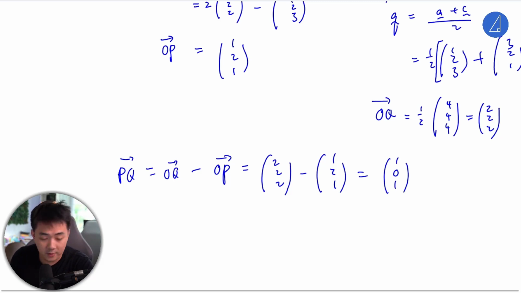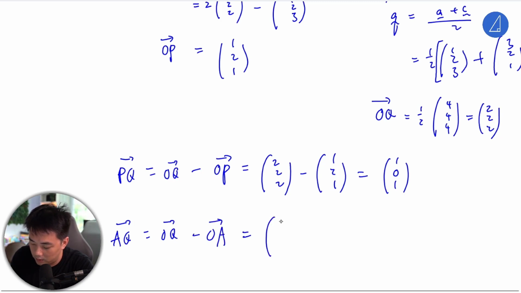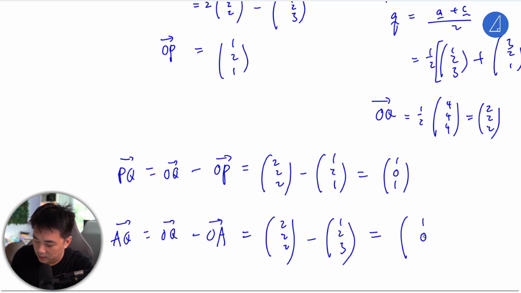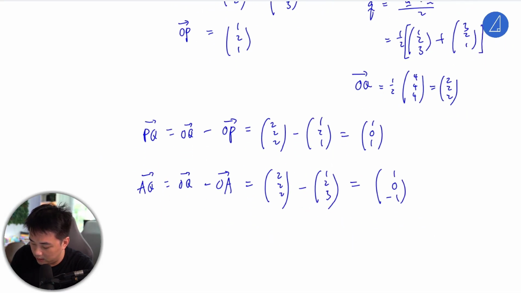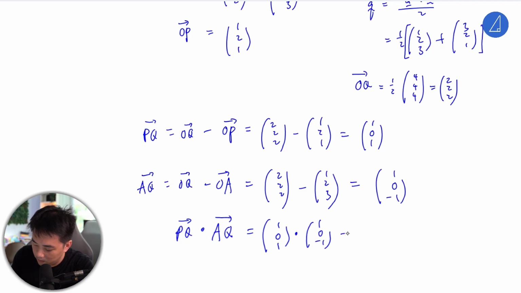After which we have AQ. AQ similarly is OQ minus OA. OQ is 2, 2, 2 minus OA, which is 1, 2, 3. That will be 1, 0, negative 1. Hence, take PQ dot AQ: 1, 0, 1 dot 1, 0, minus 1. 1 plus 0 minus 1 is 0.